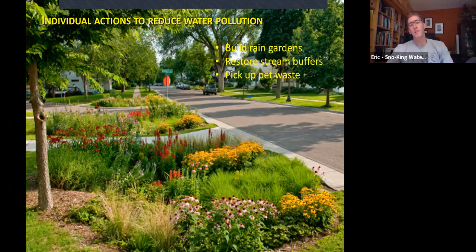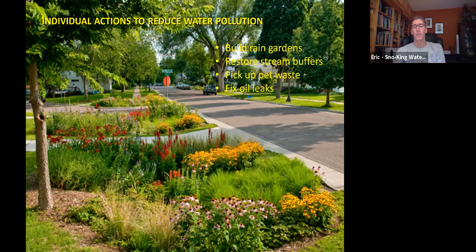Picking up pet waste, because pet waste, when it runs off, is something that can also go into water bodies and is a known source of bacteriological pollution. Oil leaks, something else that can get into road runoff. Fertilizers and chemicals in people's yards. We talked about nutrients.